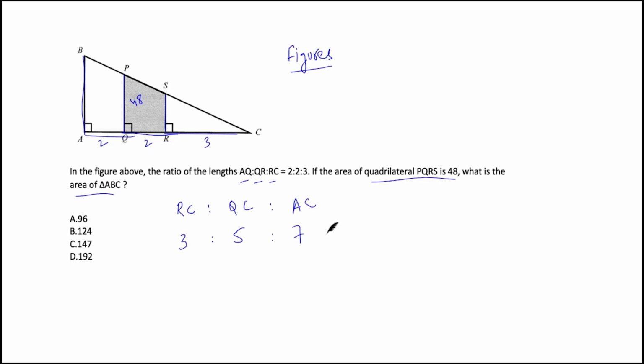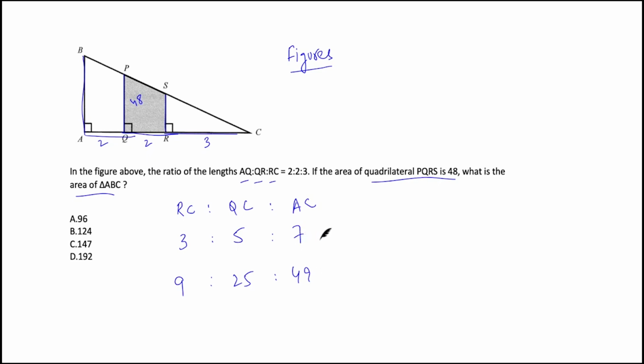We know that we have the ratio of the corresponding sides. If we square them, we will get the ratio of the areas of these triangles. So let's square them. 3 squared is 9, 5 squared is 25, and 7 squared is 49. These are the ratios of the areas of these 3 triangles.